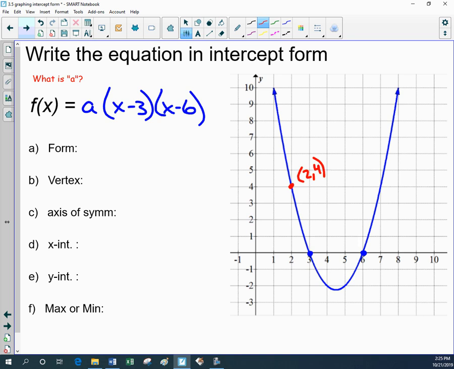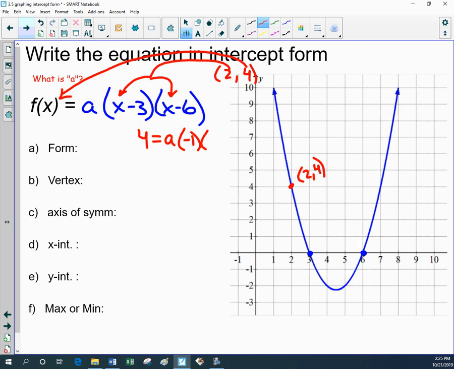Okay, and with this point, I'm going to plug 4 in for y. I'm going to plug 2 in for the x's, and then I'm going to solve the equation for a. So when I do so, I get 4 equals a times, okay, so I plug 2 in for x, so 2 minus 3 would be negative 1.